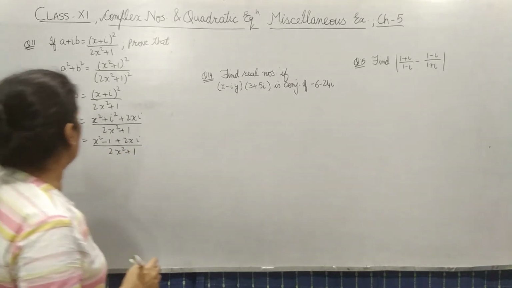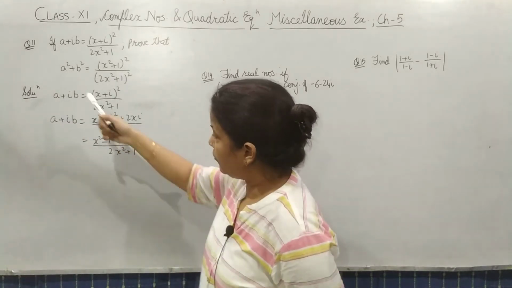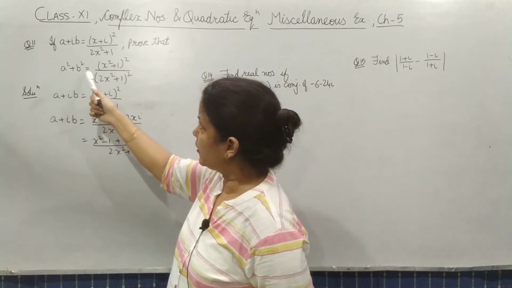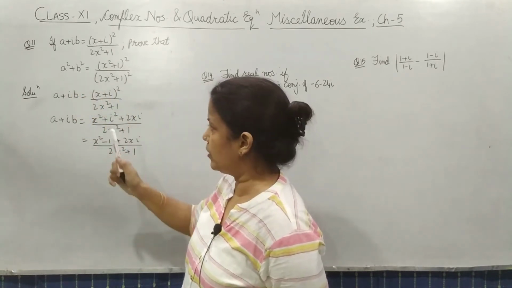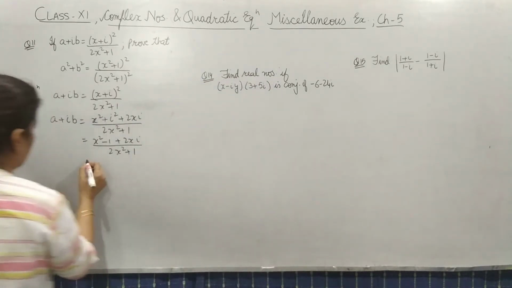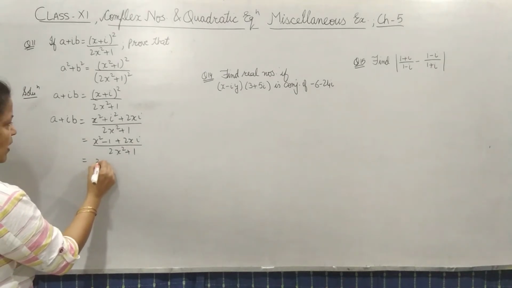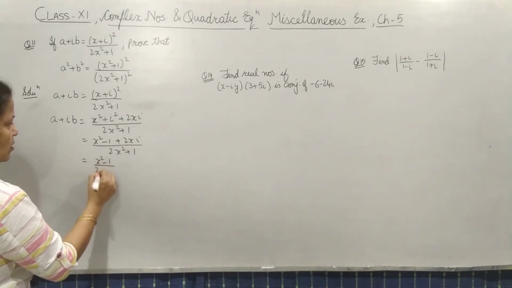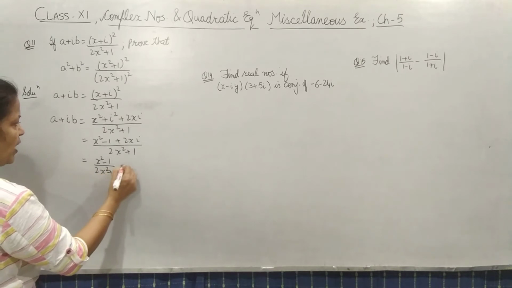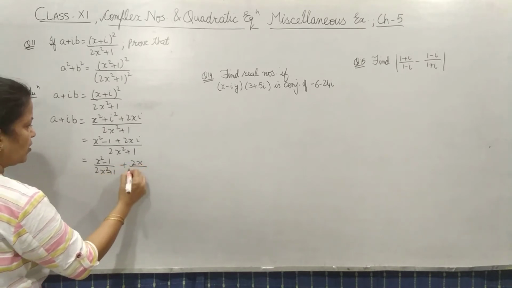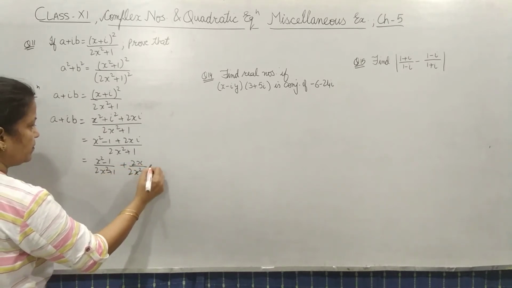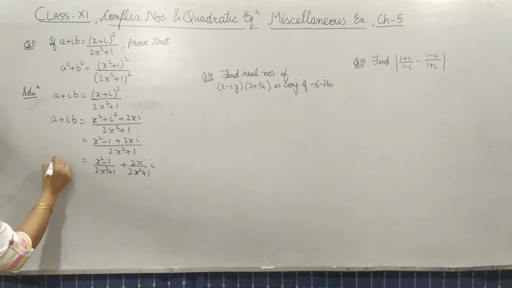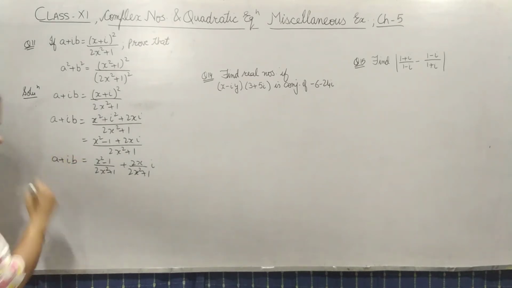Now what we will do, since you have to find a square plus b square equal to this, we will write them separately, real parts together and imaginary parts together, like this. So this is equal to a plus iota b.